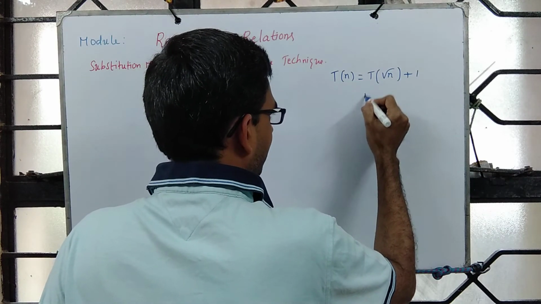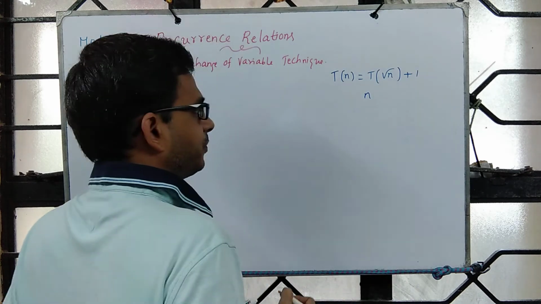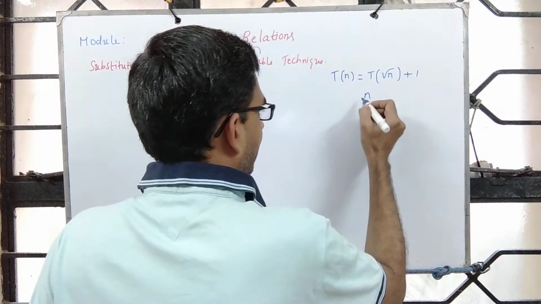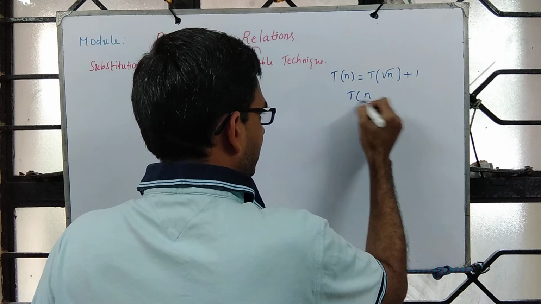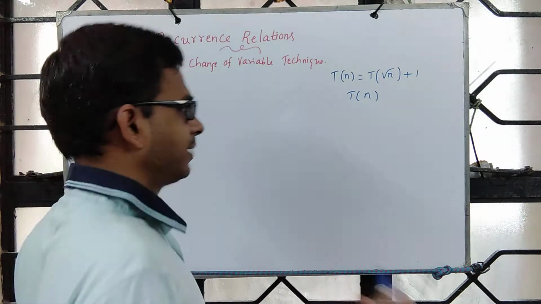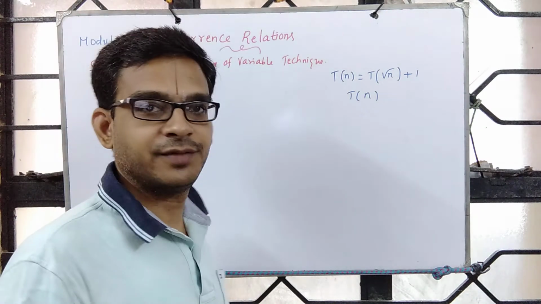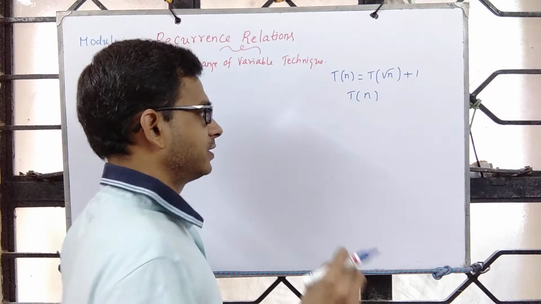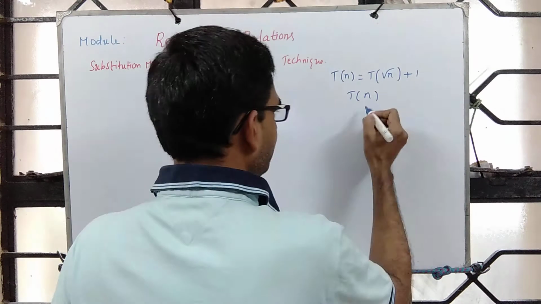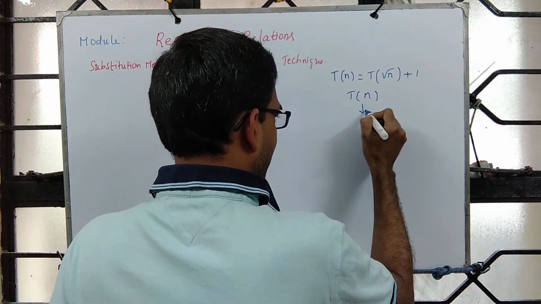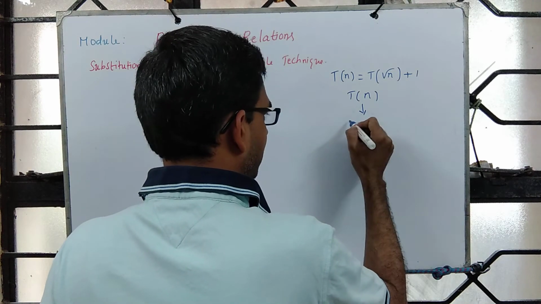So you have a problem of input size n, and t of n denotes the number of comparisons or number of shifts or number of some primitive operation that you express as a function of n itself, smaller values of n.